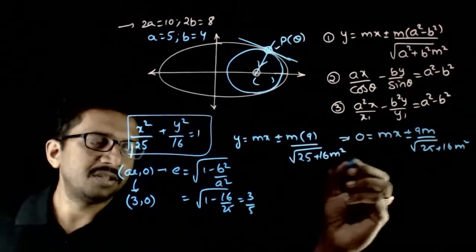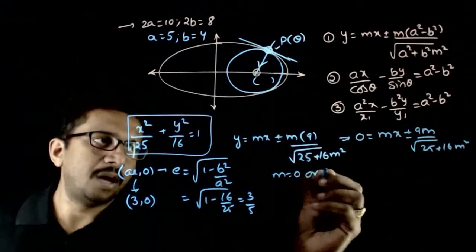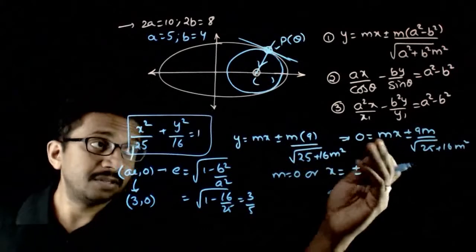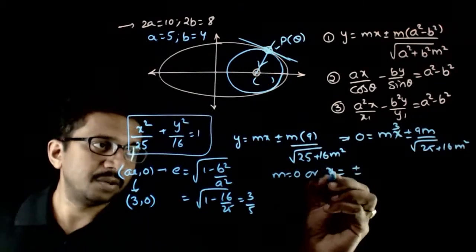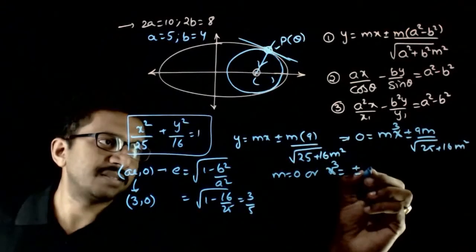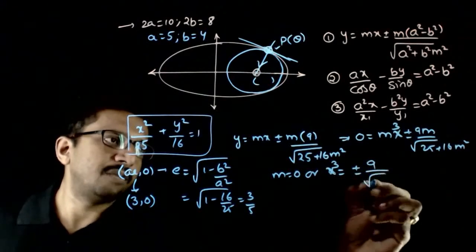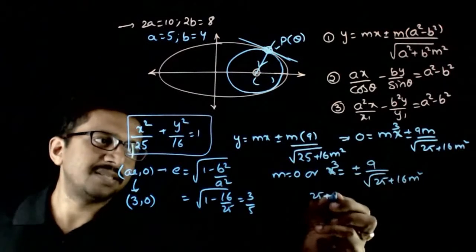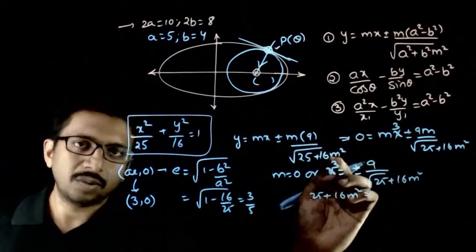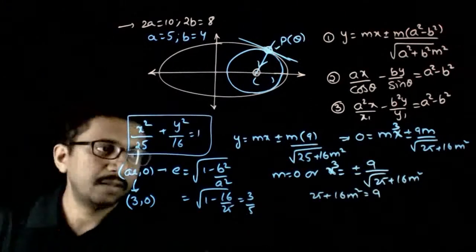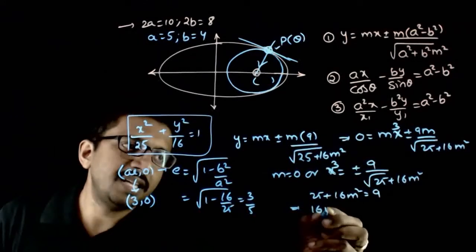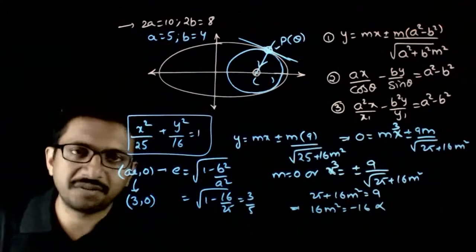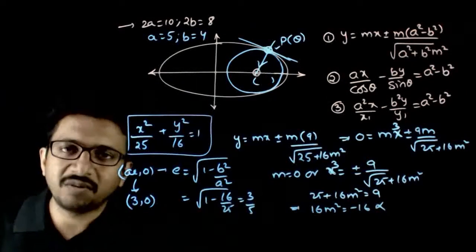If I take m as common, either m is equal to 0, or 3 is equal to plus or minus 9 by root of 25 plus 16m square. So 25 plus 16m square is equal to 9, since 9 by 3 is 3, and its square is 9. This implies 16m square is equal to minus 16, which is not possible because m square is always positive. So there is only one option, where m is equal to 0.